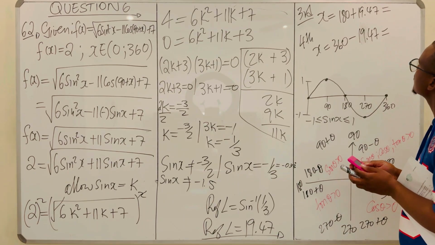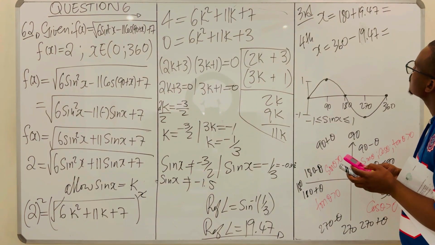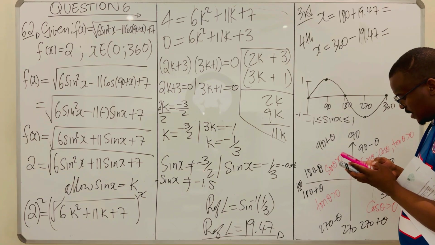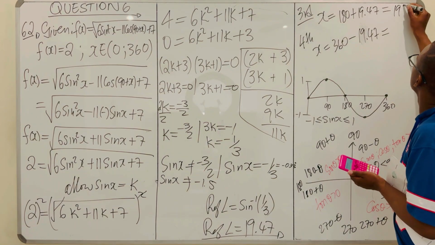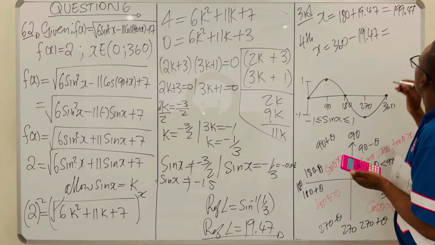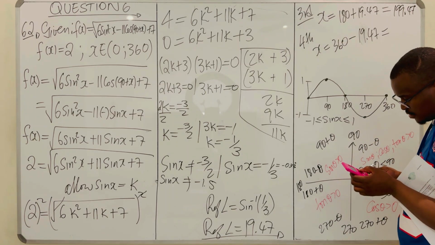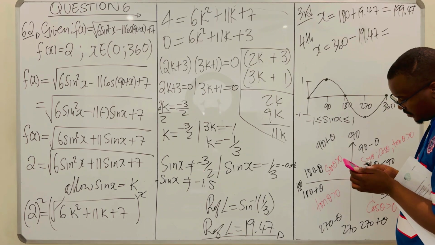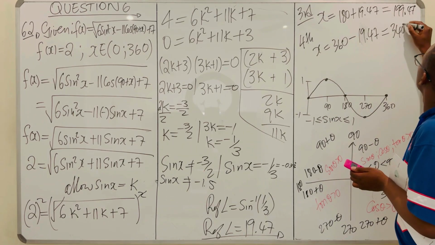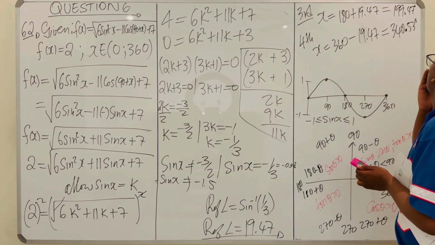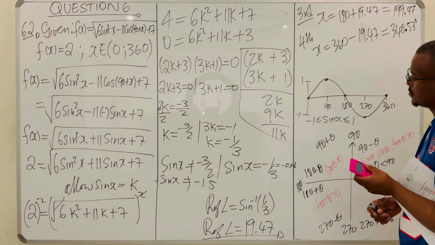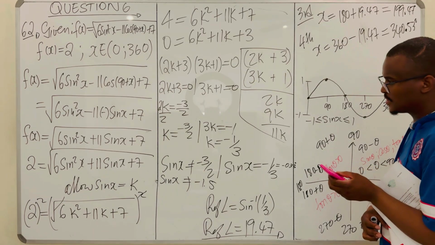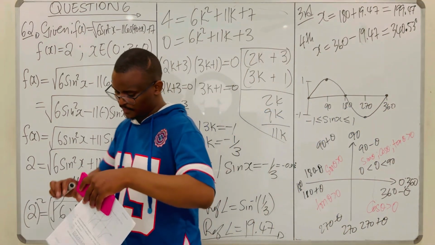So let's find the values of x. 180 plus 19.47 is 199.47. And the other one is 360 minus 19.47, which is 340.53 degrees. That's what I'm getting. So this is how I would have done this one, and I'm done with 6.2.